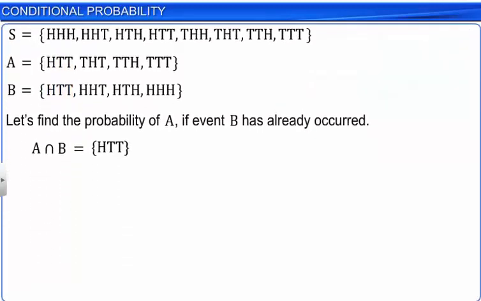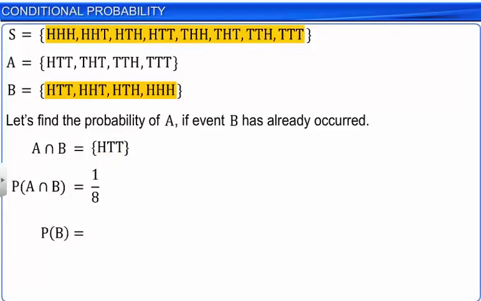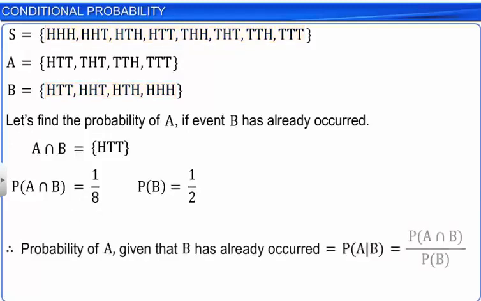Now, the probability of the occurrence of event A intersection B in sample space S is equal to 1/8, and the probability of the occurrence of event B is equal to 4 divided by 8, which is equal to 1/2. Therefore, the probability of A given B is equal to 1/8 divided by 1/2.